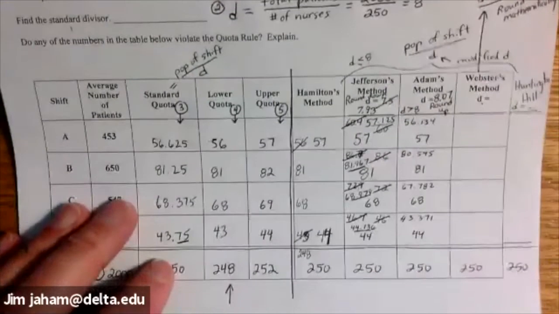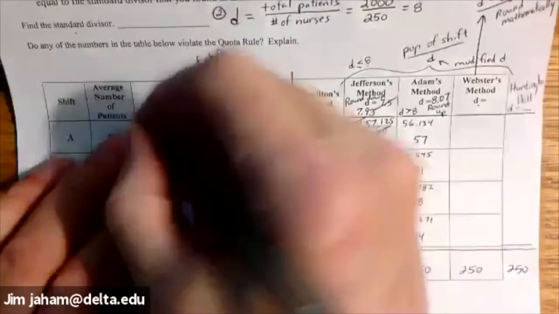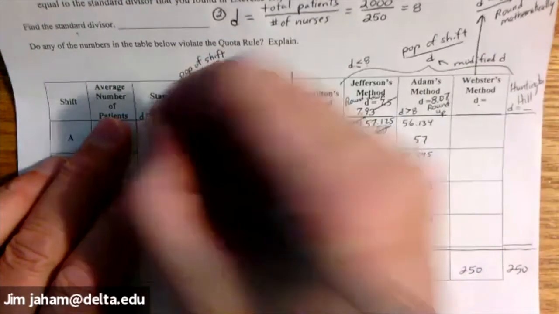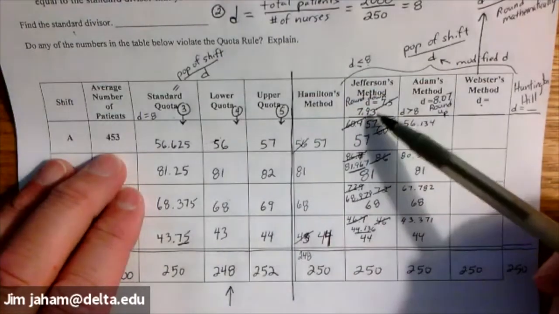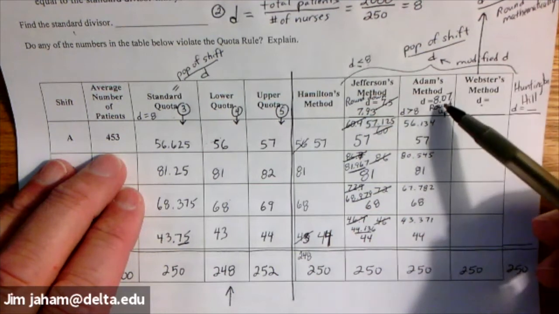Now I think you've chosen, well, 4, but at least 3, because the standard quota is this one over here with D equal to 8. And then we did D equal to 7.93. And then we did D equal to 8.07. So you have the numbers for each one of those Ds.